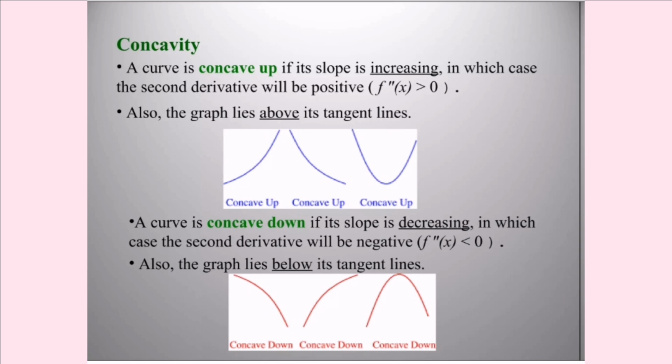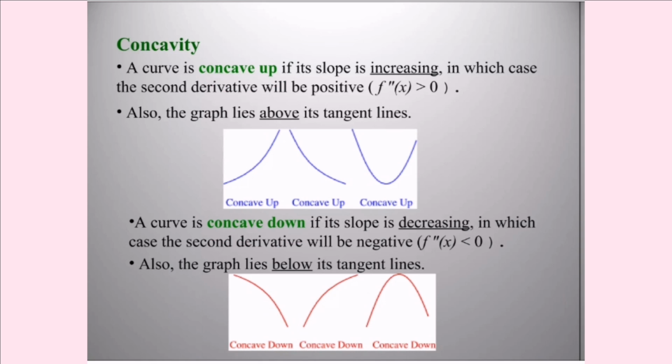First, we have to explain concavity. What is concavity? So there are two types of concavity. One is concave up and another type is concave down.